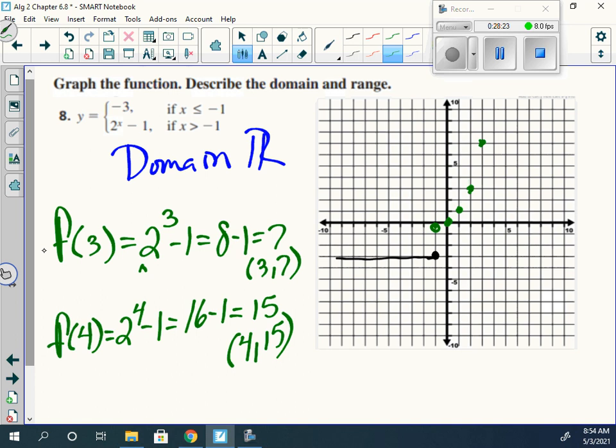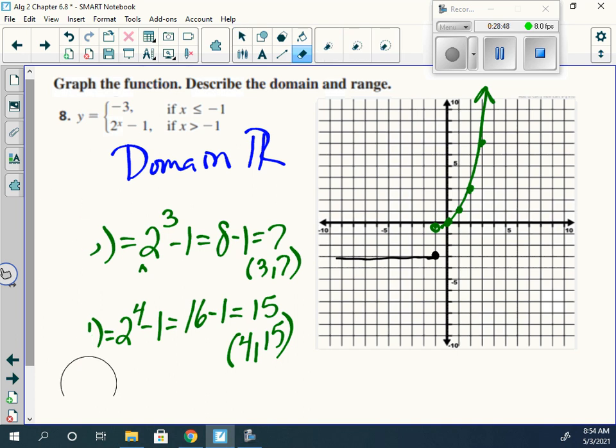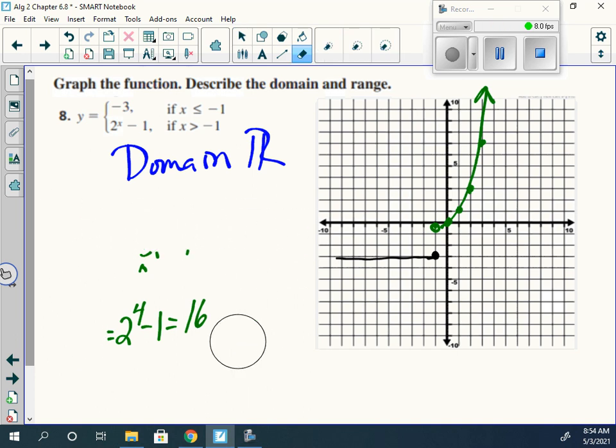So it's going to keep increasing faster and faster. So for this here, any questions on any of this here so far? Now this makes it a little bit funky for the range.